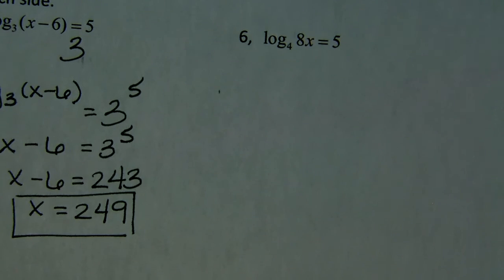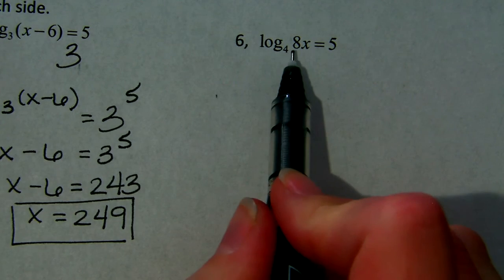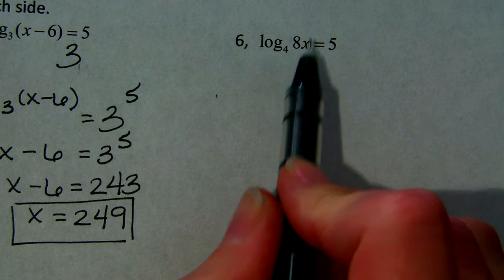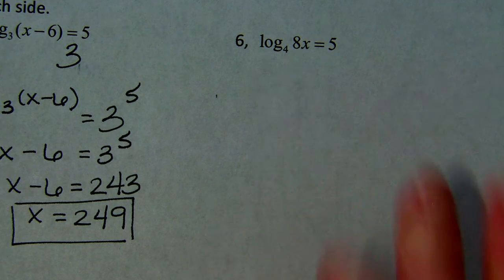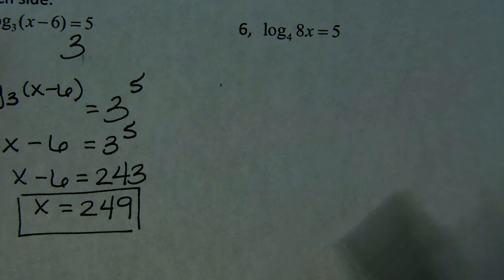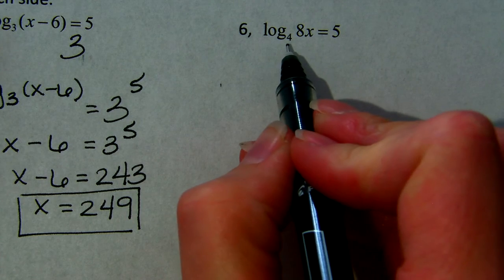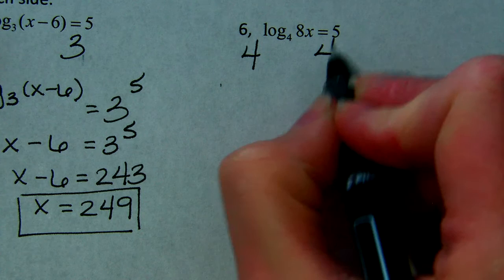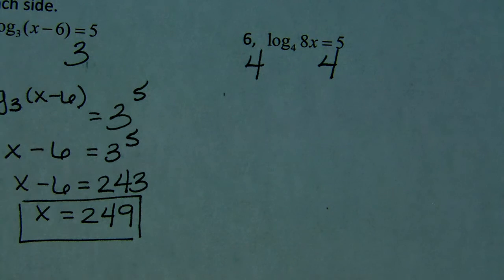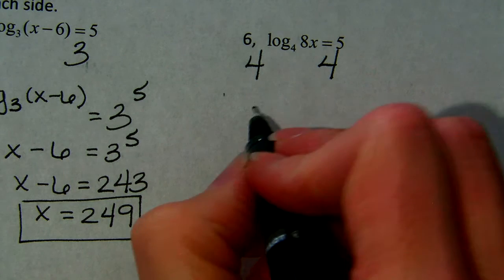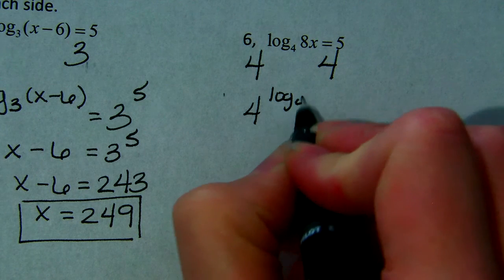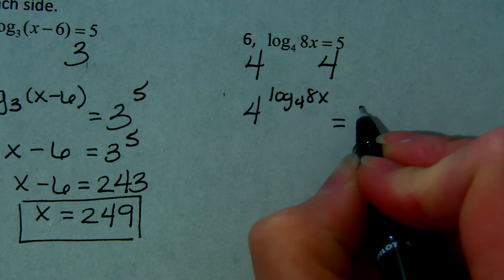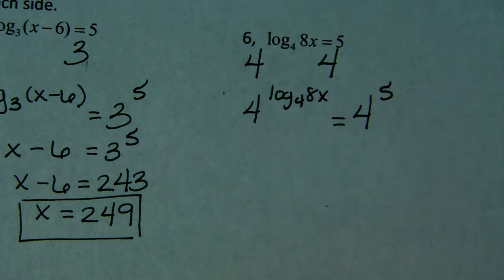All right. So for this one, I'm looking at it, and again, there's an 8 there, but that's part of the log. And so I don't have to do anything to get that log alone. What I'm going to do is I'm going to look at the base, which is 4, and I'm going to raise it and make the log an exponent on a base of 4. So again, that's 4 to the log base 4 of 8x is equal to 4 to the 5th.